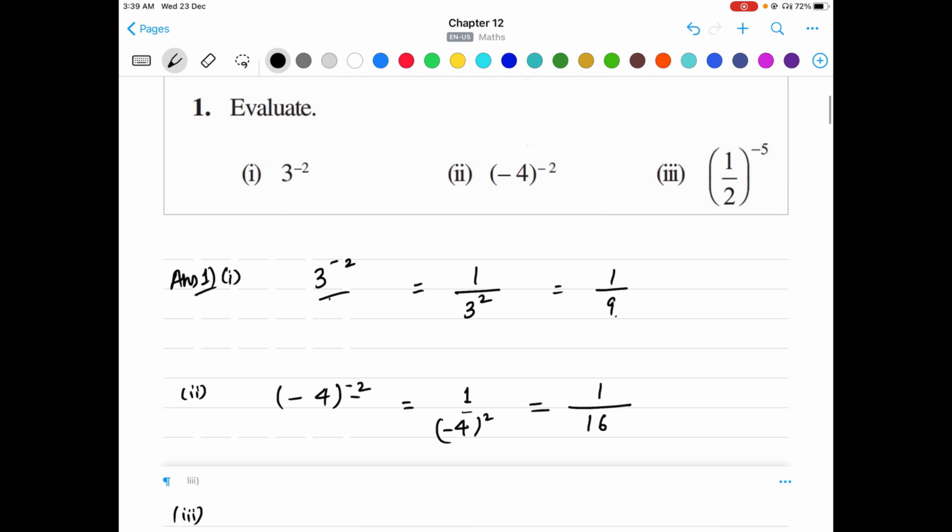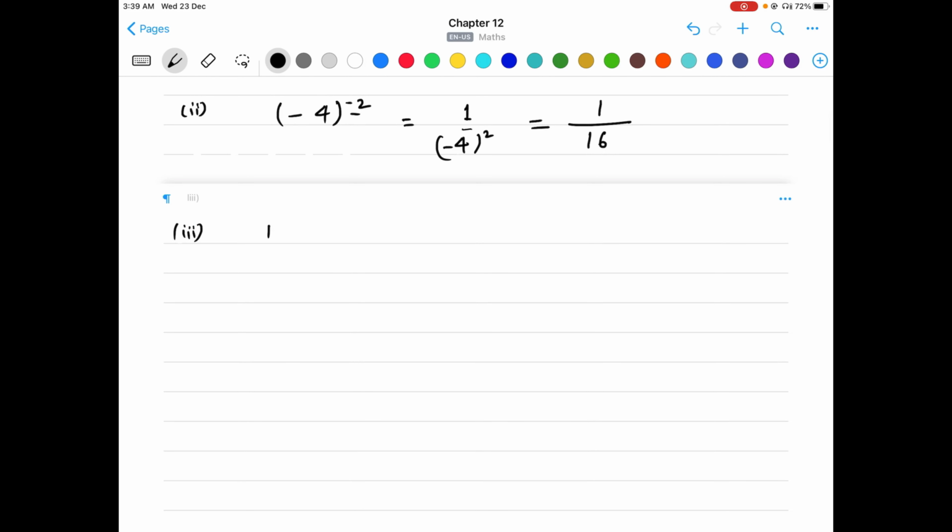Similarly, next one is, we have 1 by 2 power minus 5. We have 1 divided by 2, and its power is minus 5. Like I said, if we reverse this, the number in the numerator comes to the denominator, and the number in the denominator comes to the numerator. So this will reverse, that means 2 by 1, and this power minus 5 will become plus 5.